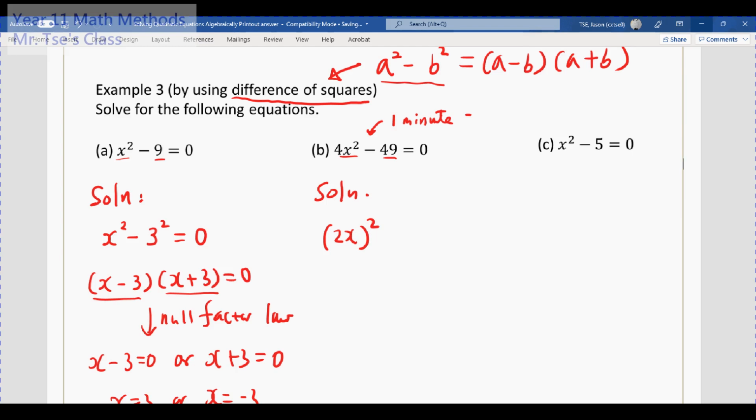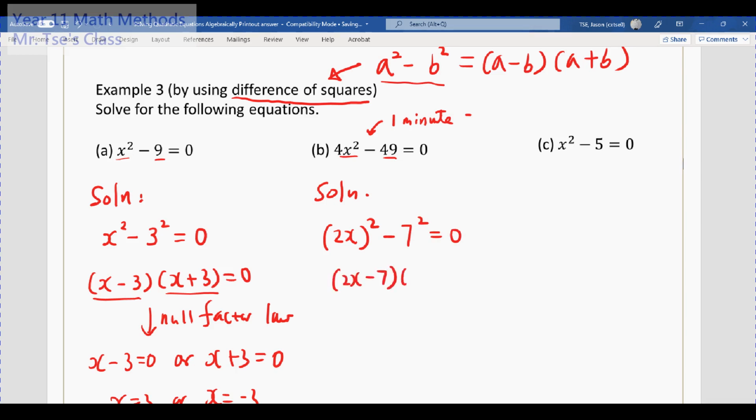If you have 2x bracket squared, that means 2x times 2x, then you go back to 4x squared. And how about 49? 49 is 7 squared. So again, you have a squared minus b squared in that form. So a is 2x, b is 7.